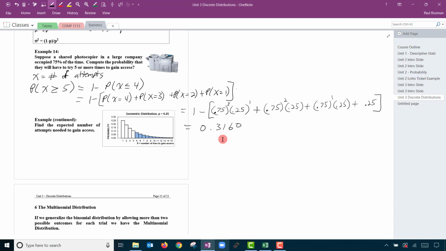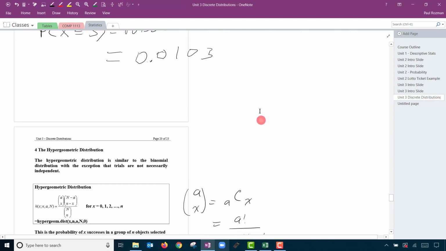On average, how many attempts does it take me to gain access? Let's figure that out. The probability of success here is, be careful, it was 0.25. There's a 75% chance it's busy. So there's a 25% chance it's open.